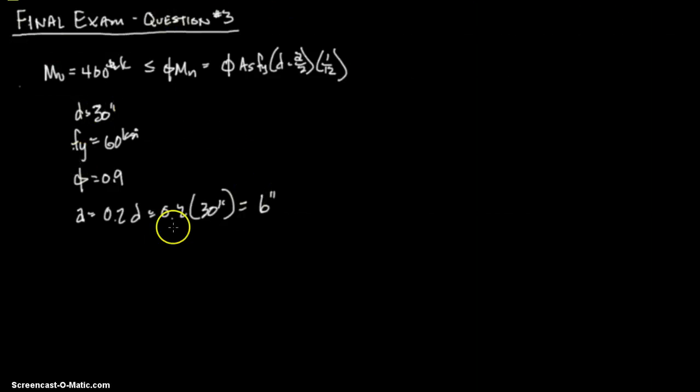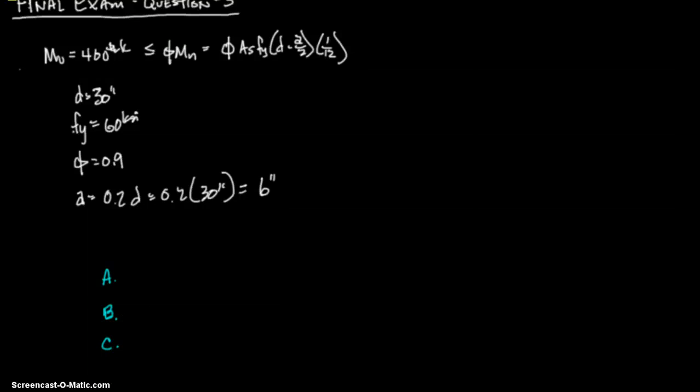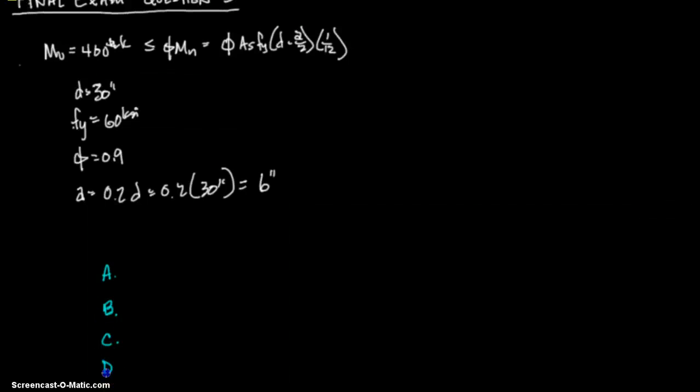So that's our given, and we have a few choices: A, B, C, and D. We have 3 number 8s, 3 number 9s, 2 number 11s, or 3 number 10s. So let's make a real quick graph.